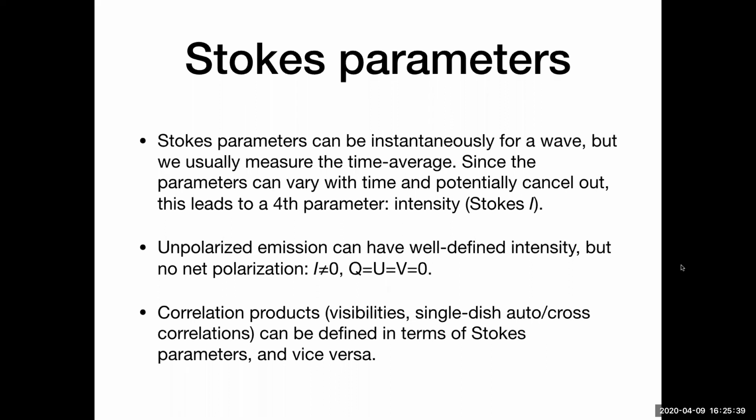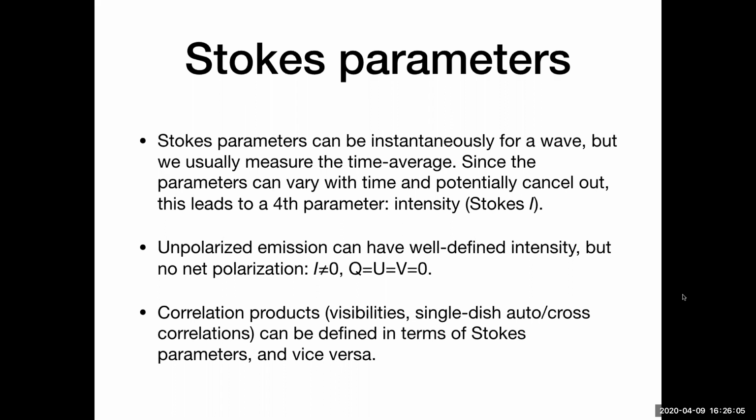With the 4 parameters, I, Q, U, V, you can define the time averaged intensity of the signal, and the other 3 parameters give you the full averaged polarization state of the signal. This tells you the average polarized emission of this source within the time frame you've observed it.